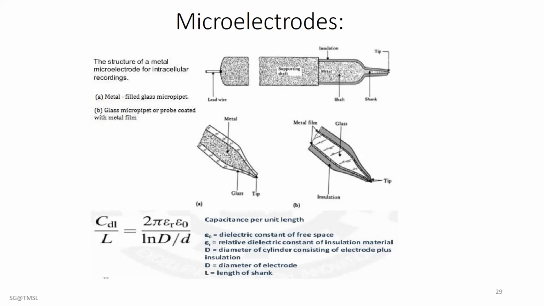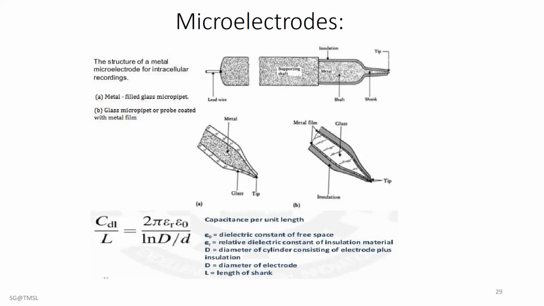One interface is comprised of a metal wire in contact with the electrolyte solution inside the micropipette, and the other is the interface between the electrolyte inside the pipette and the fluid inside or immediately outside of the cell. A thin film of precious metal is bonded to the outside of a drawn glass microelectrode, and such microelectrodes are very reliable and have very good performance.